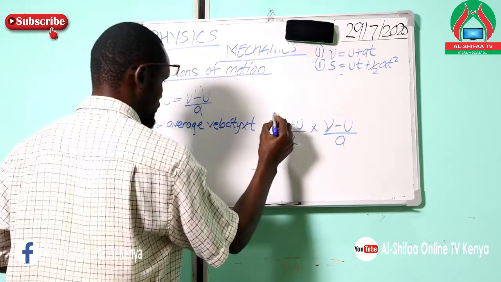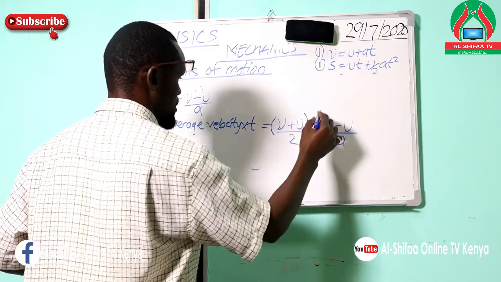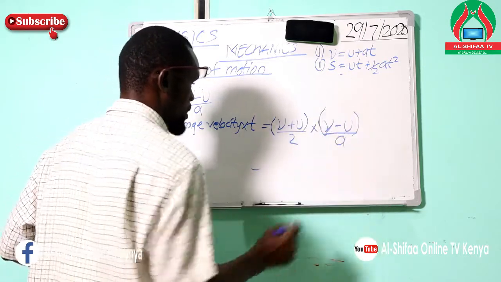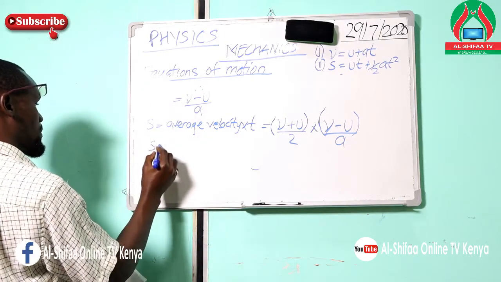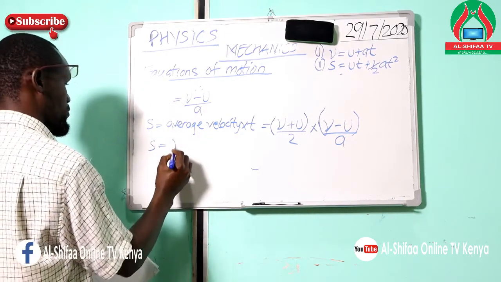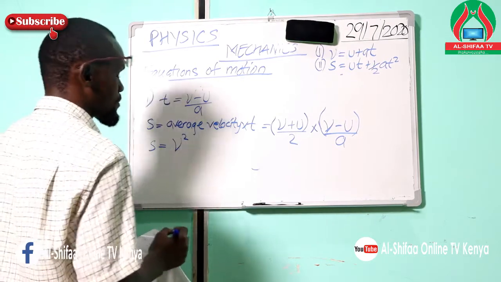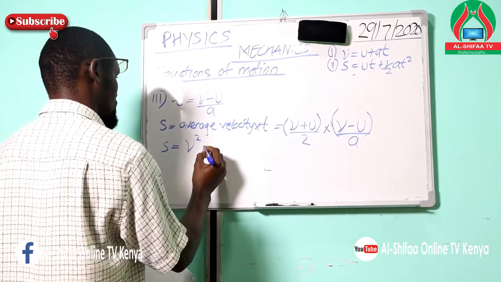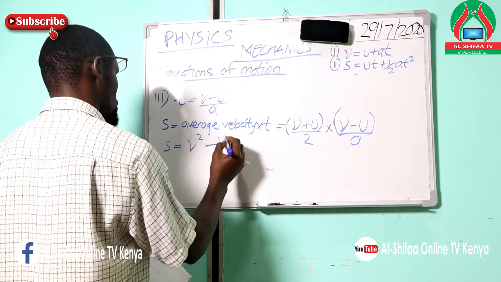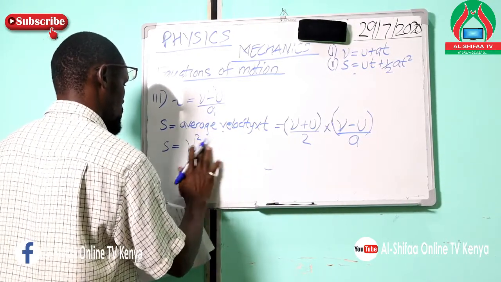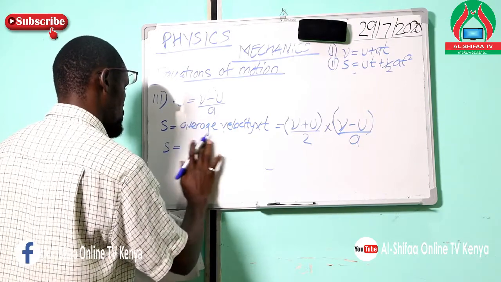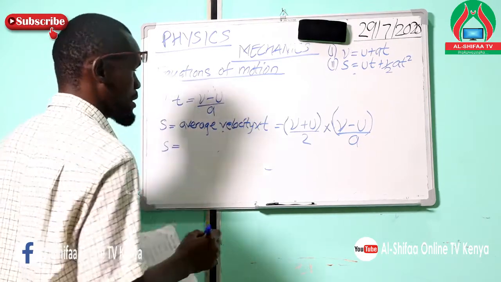When we multiply, from the algebraic identities, we know the difference of two squares. It will be s is equal to v squared minus u squared over 2a. Okay, we can multiply through, so you'll see how it comes about.